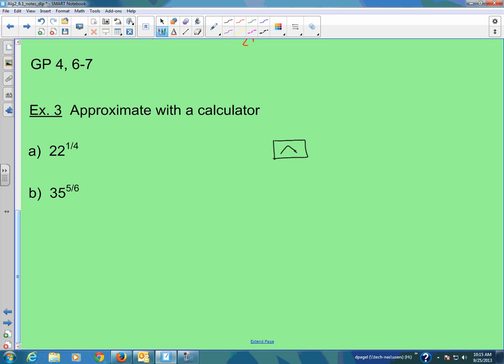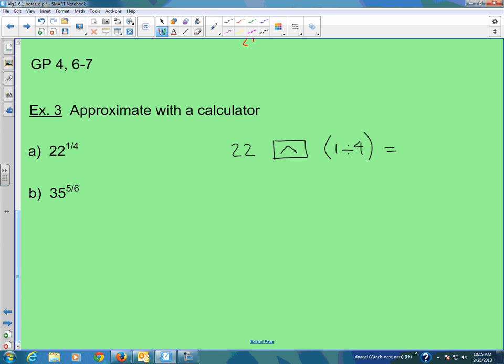That's how you can raise something to the power of either a fraction or another number. If I'm going to put this in my calculator, I'll do 22, then hit that caret button. If I want to physically put in a fractional exponent as a power, I use a parenthesis and go 1 divide 4, close the parenthesis, and then that will tell me my answer.